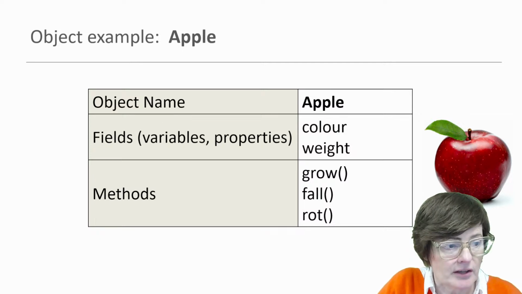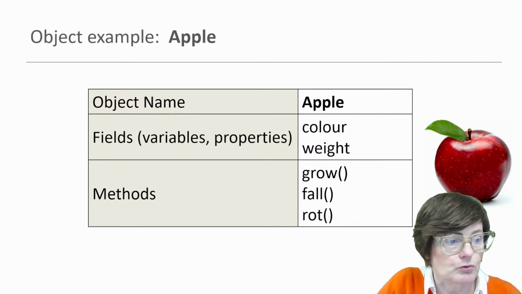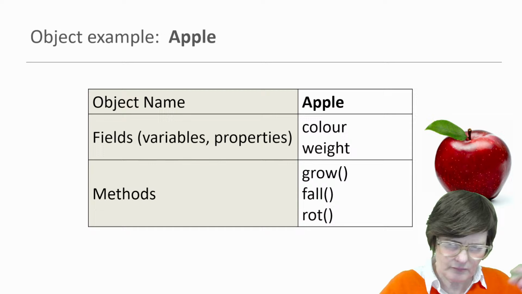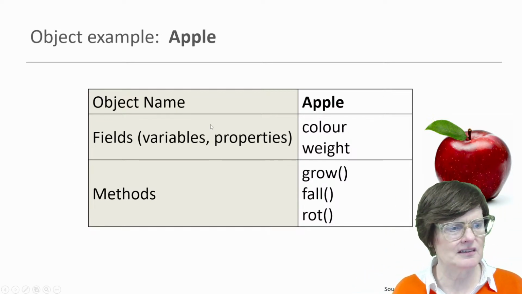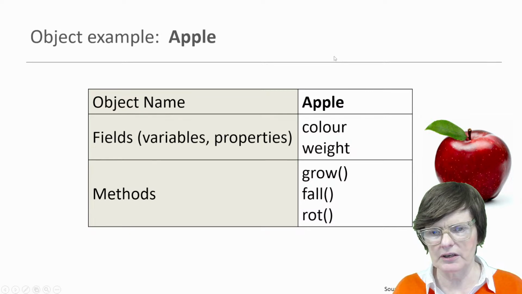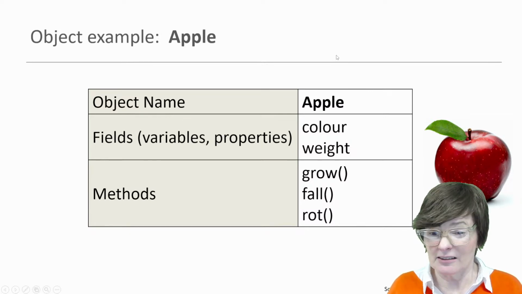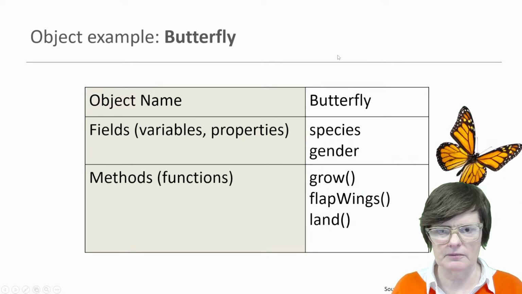And the rot then will change. So the fall happens, but the rot will change the weight and the colour as well. You can see, because it has to fall before it rots and so on. So you can see there are things associated with everything like that. And I'm saying to you for this, that's enough for what we need. I don't need any more fields for that.